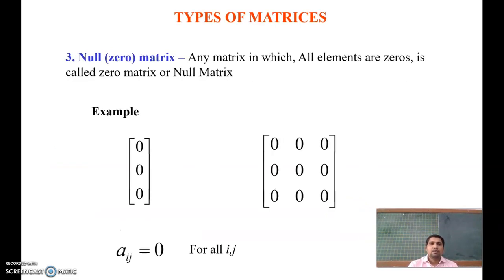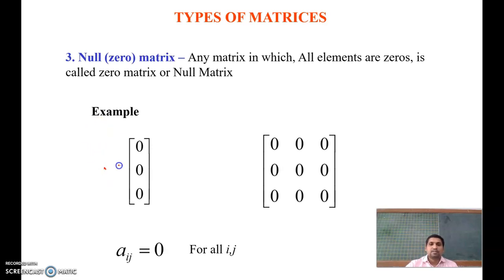Now the next type, which is the null matrix. A null matrix means any matrix in which all elements are 0. It is called a zero matrix and it is also called a null matrix. So it has two names, one is null and another is zero matrix. If in any matrix all elements are 0, then we call that matrix a null matrix or zero matrix.